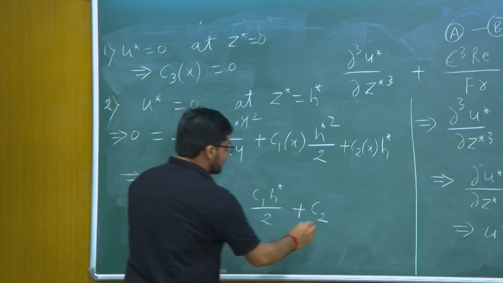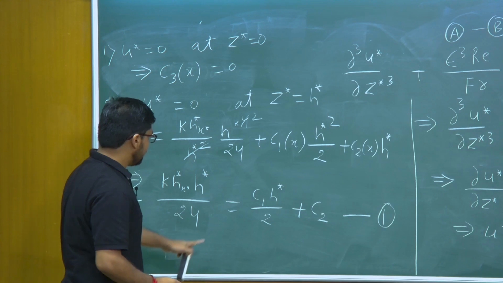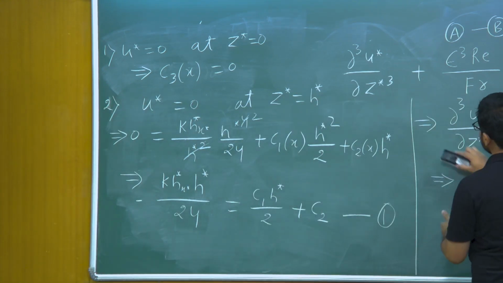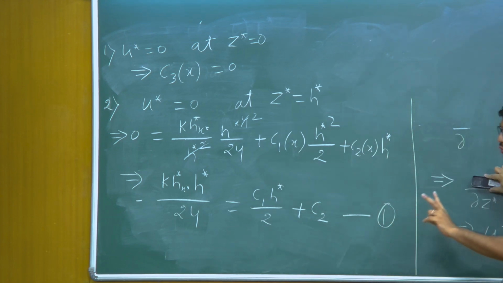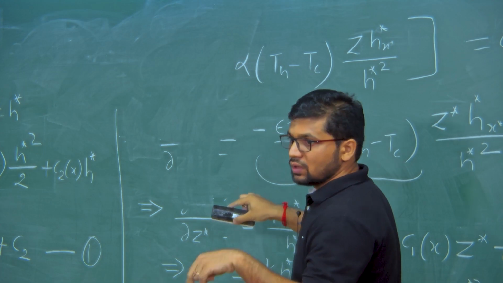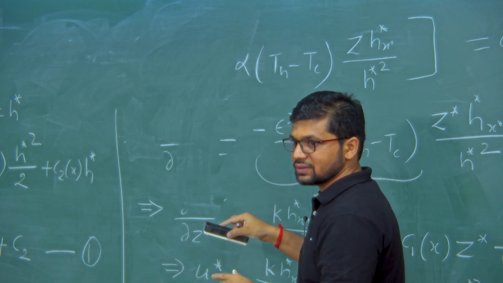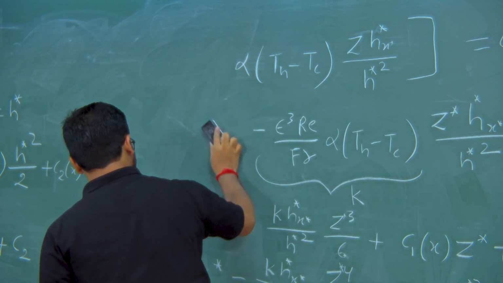So, we have one relation between C1 and C2, but we cannot find them separately because we have 2 unknowns. So, for that we can use the continuity equation, because we have 2 boundary conditions left with W: no penetration condition at iris surface and corneal surface. So, we can use that to calculate this C1 C2.